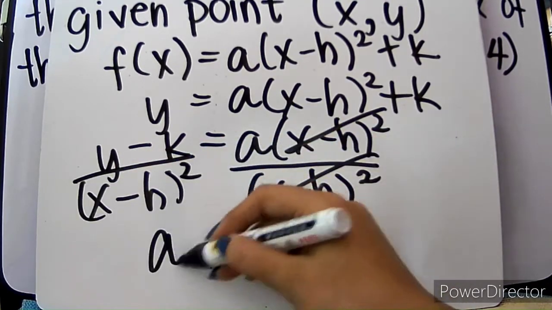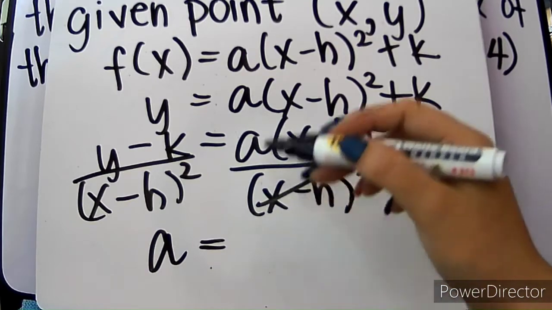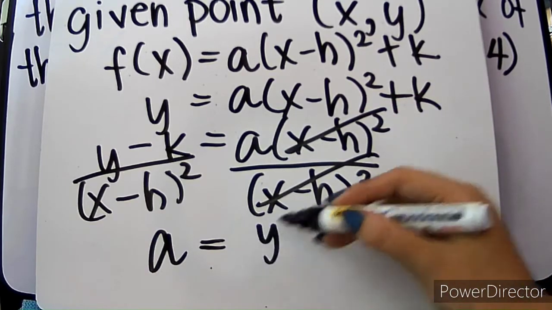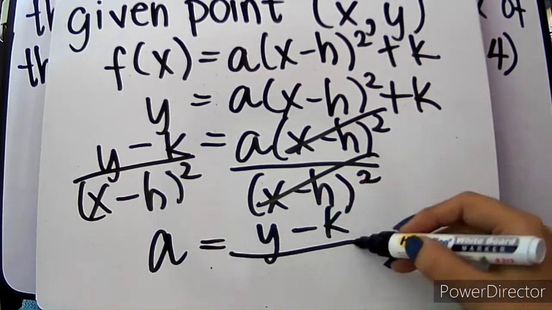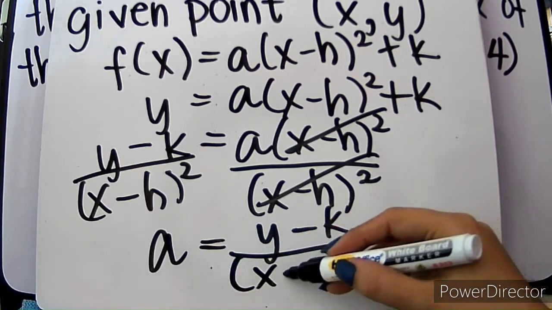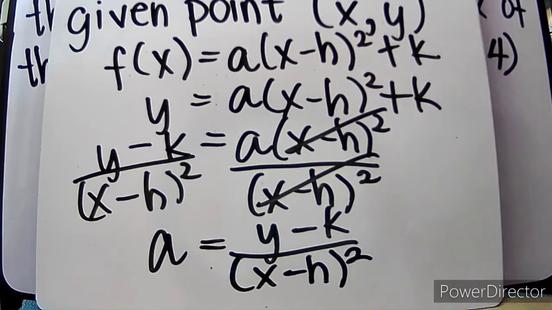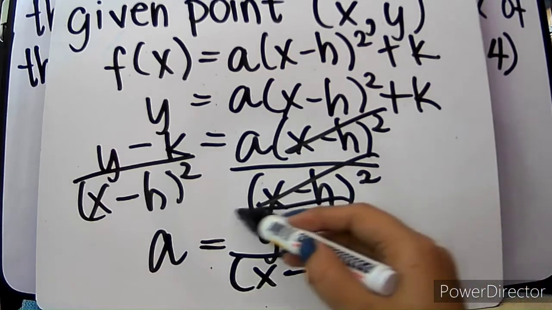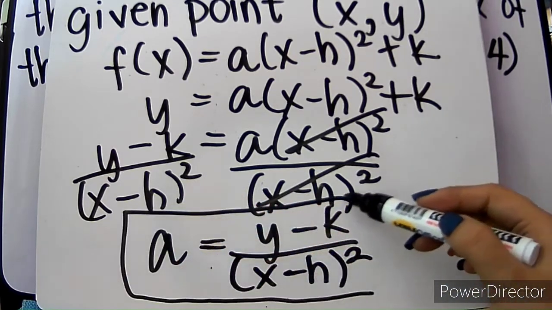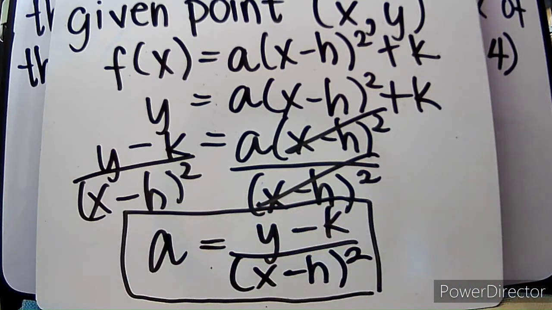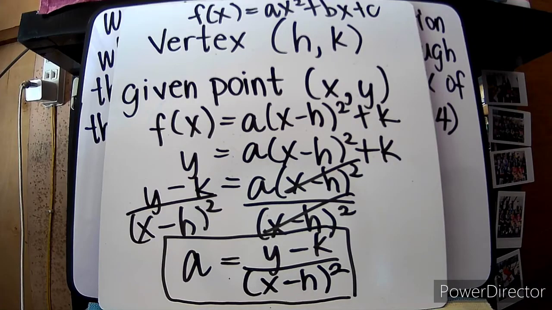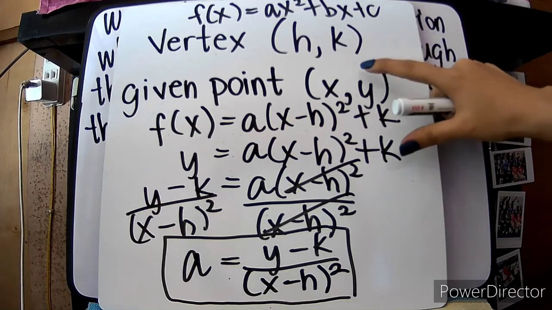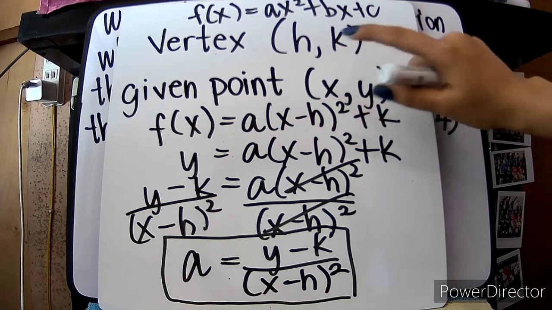So, our formula for a is y minus k divided by the square of x minus h. So, this will be our formula for a. Kasi ang first step is find for a. Wherein, isa-substitute natin sa y ito yung given point.